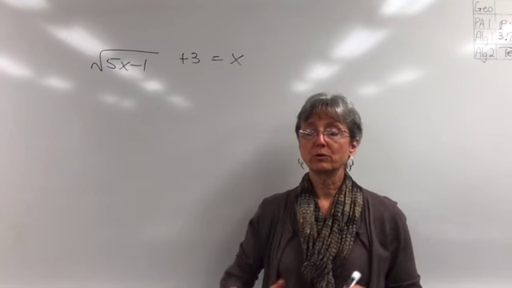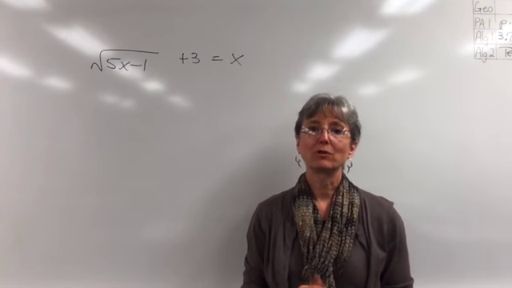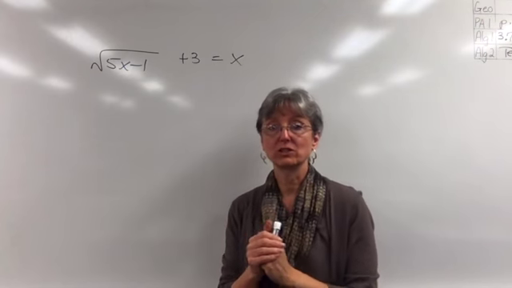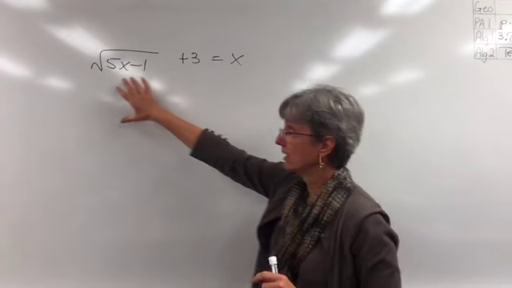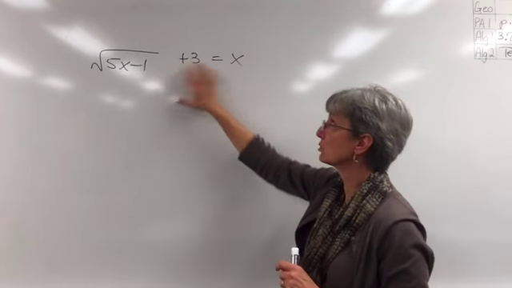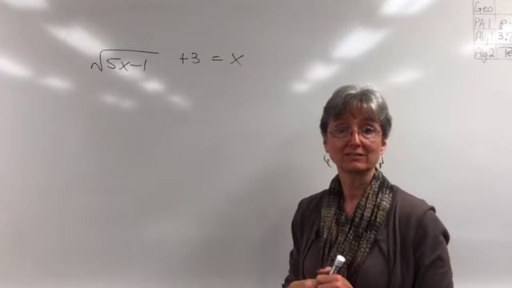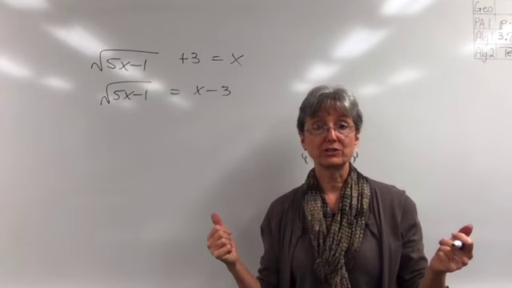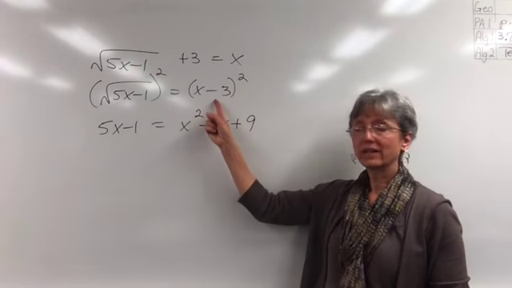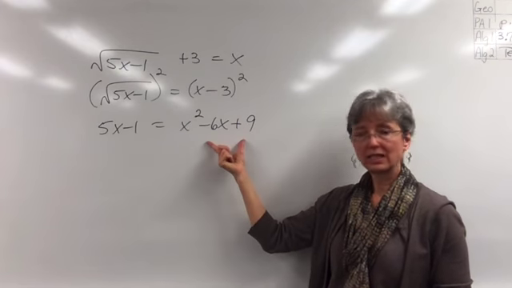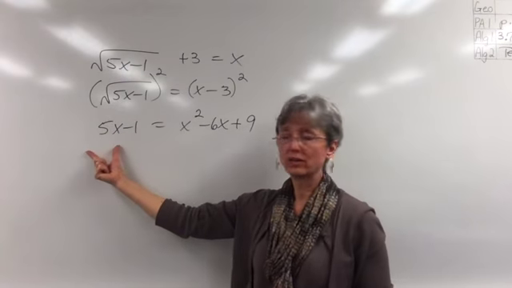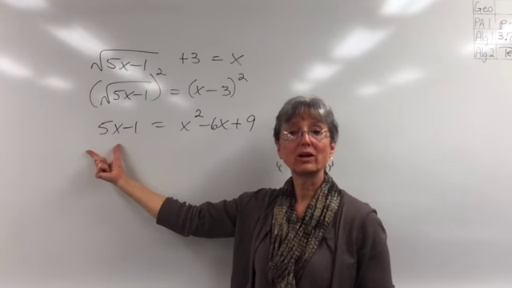Let me walk through that example one more time before I give you another case, even a more difficult kind of case situation. But let's walk through this again. Let's isolate the radical. We're going to subtract 3 from both sides. Now to undo the square root, we're going to square both sides. Notice I FOILed x minus 3 to get this quadratic, and these two canceled each other out, so I'm left with 5x minus 1.